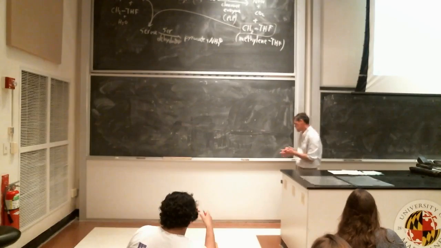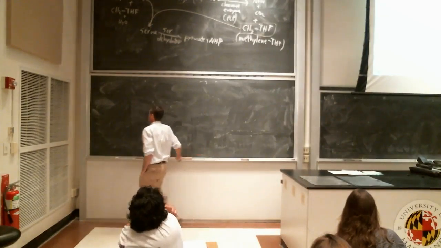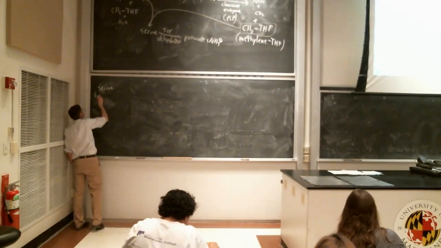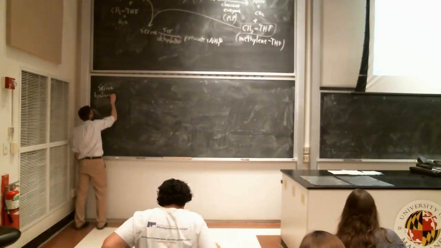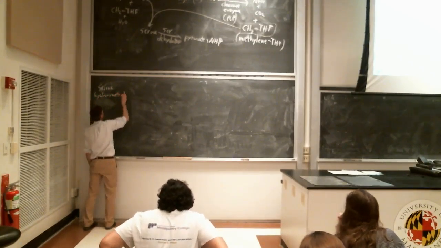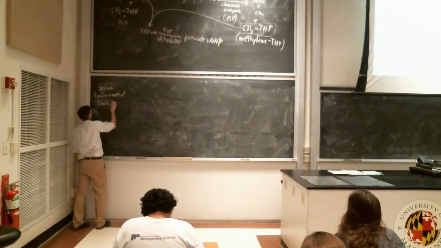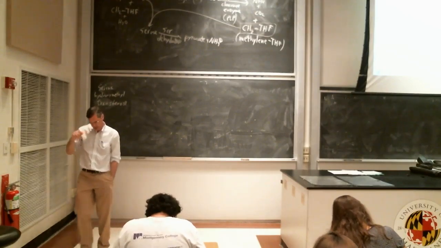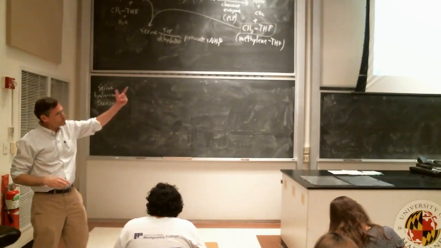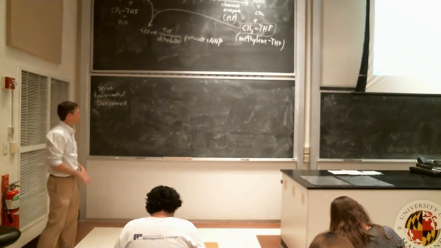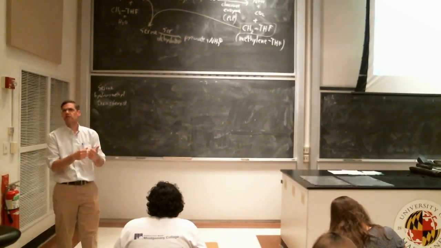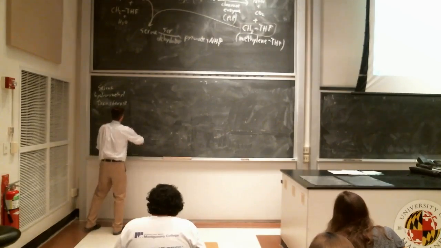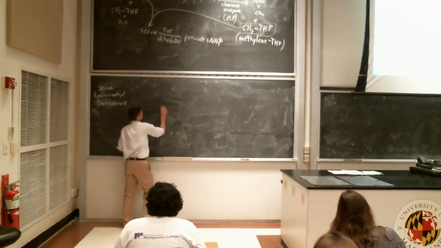Okay, so serine hydroxymethyltransferase. I'm going to do it, though I said the issue is to make pyruvate, let me actually run the reaction in the reverse direction to make glycine from serine, which is actually an important reaction metabolically.